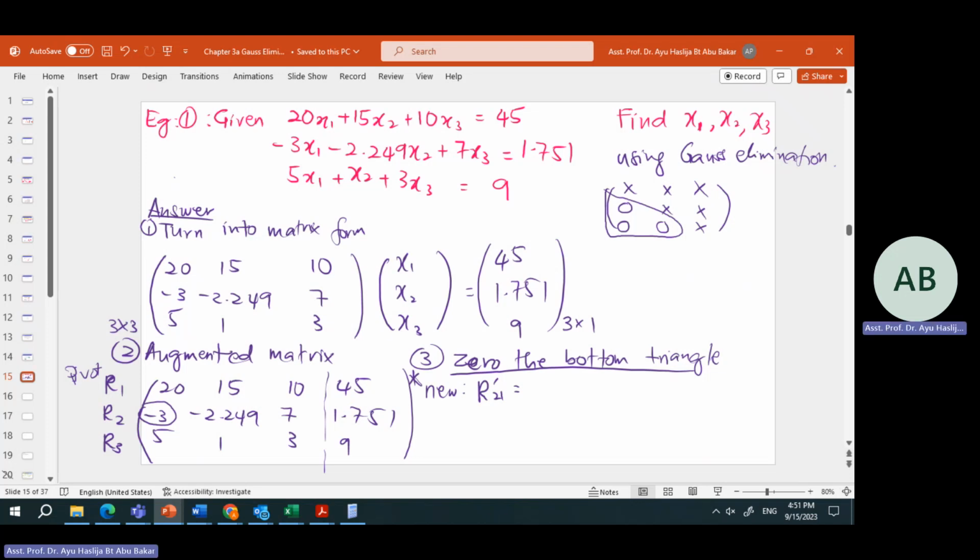Okay, let's say first row, first column. What you should use? +3. Why +3?